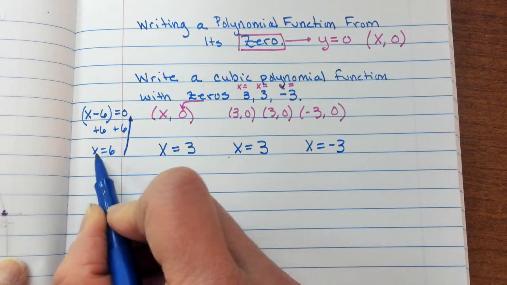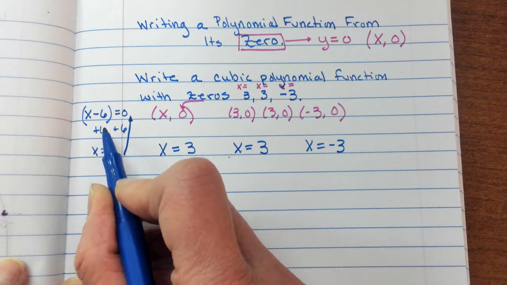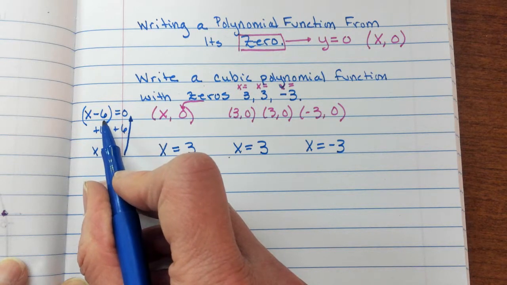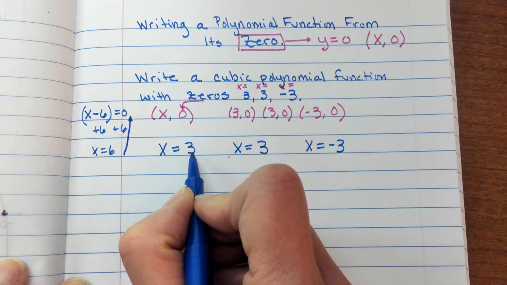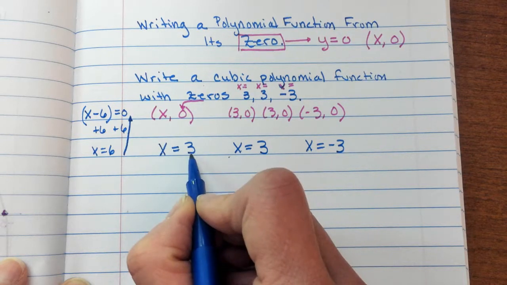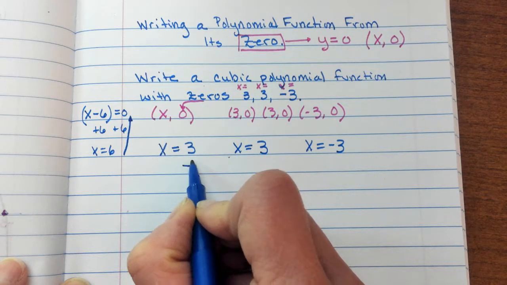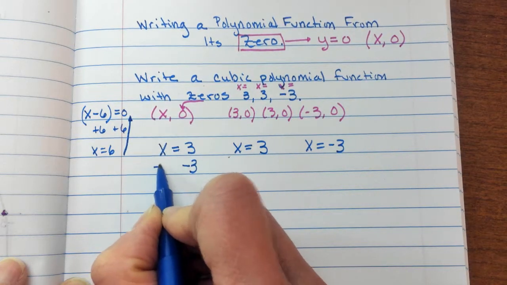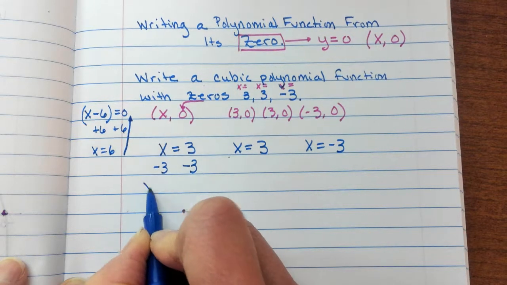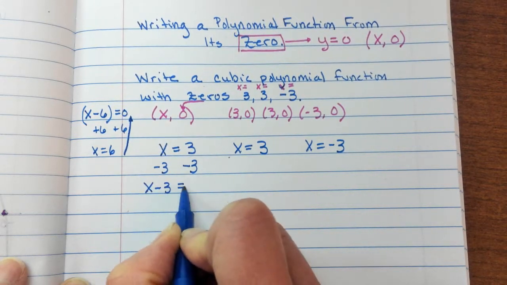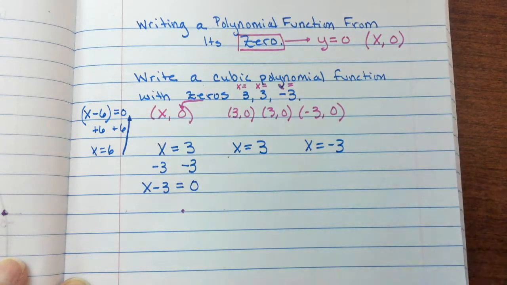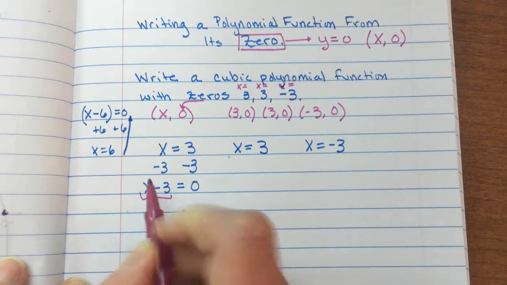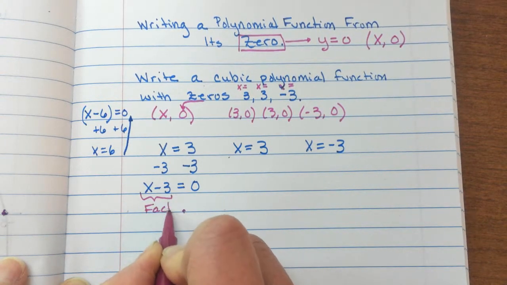Here it's already in the form of a 0, but I want to make it look like something like this, which means this has to become a 0. So to make 3 a 0, I'm going to subtract 3. What I do on the right, I have to do on the left. That gives me x minus 3 equals 0. So this here is a factor.